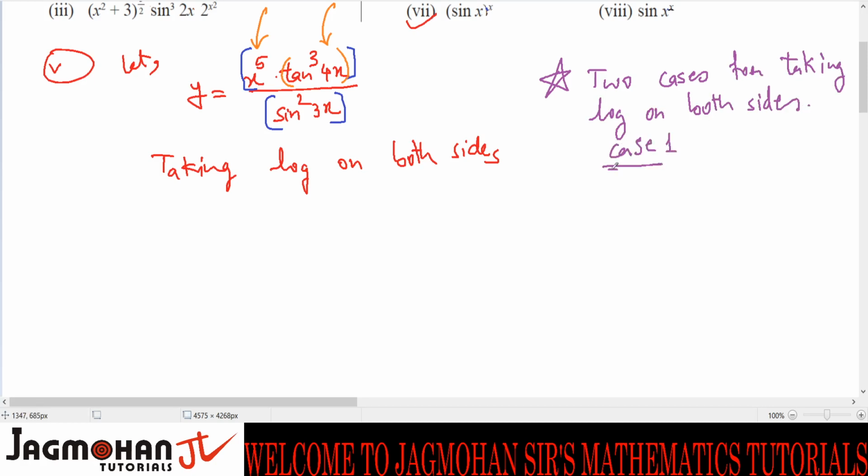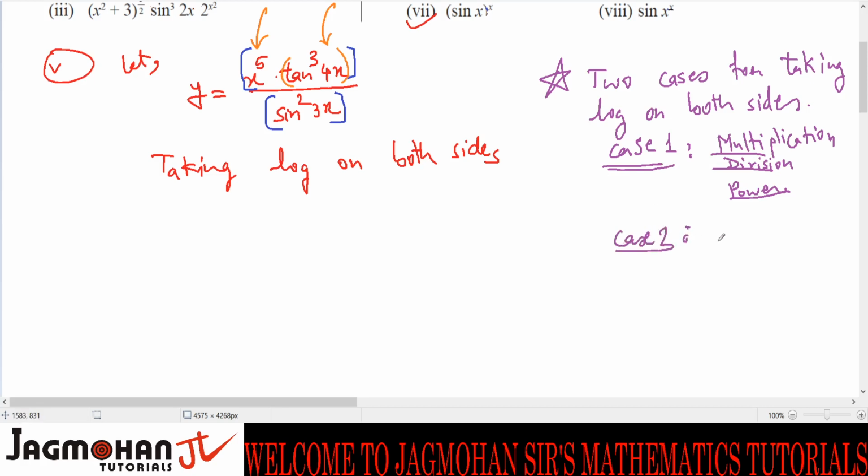Case 1 was when we see too many multiplications of expressions of x, we see division, we see power, I mean the exponential, then we take log so as to simplify the given function.